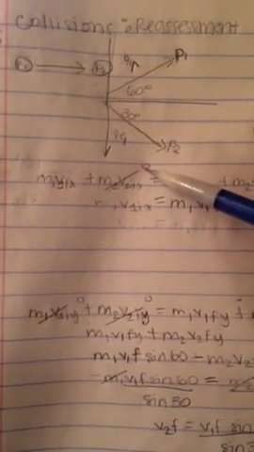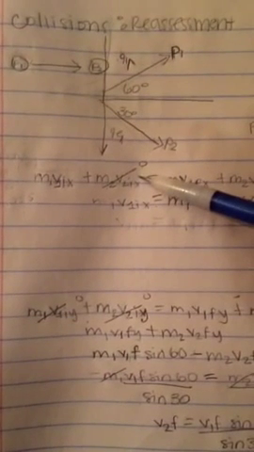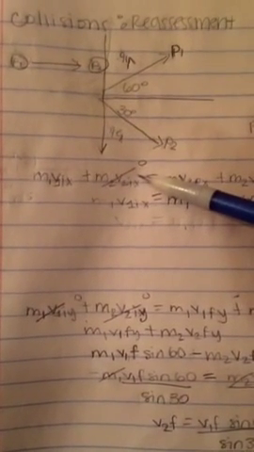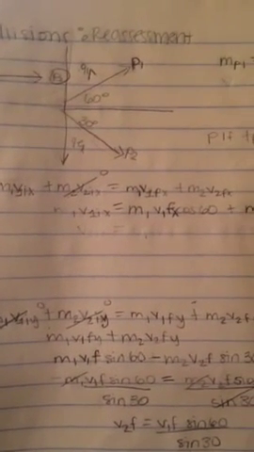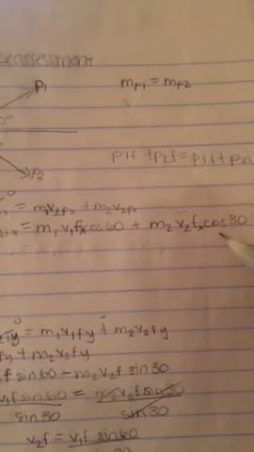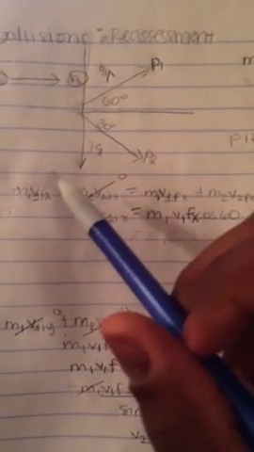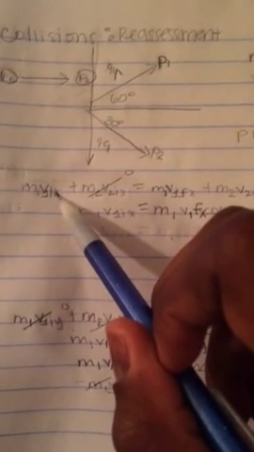Okay, starting off, since Puck 2 would be stationary, the initial momentum for x would be 0. But we know everything else except the initial momentum for Puck 1.